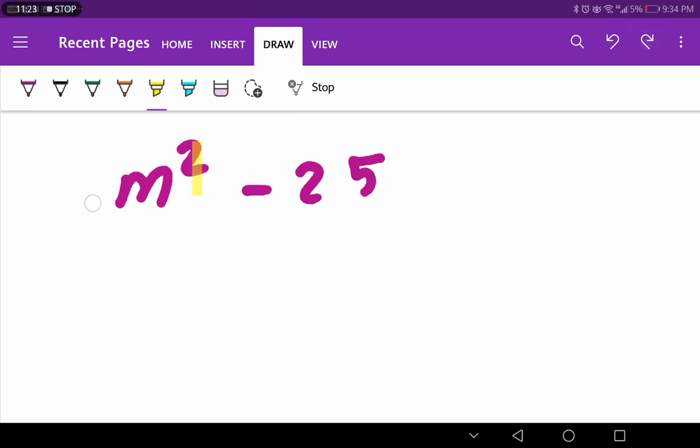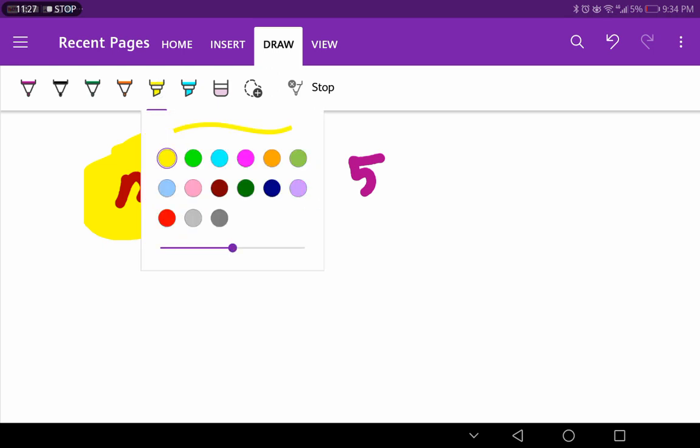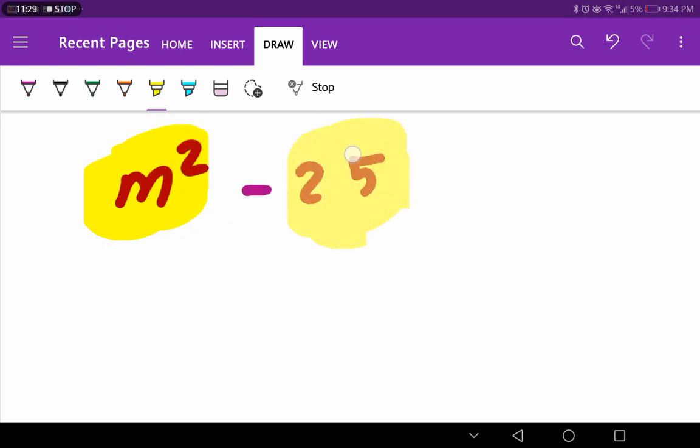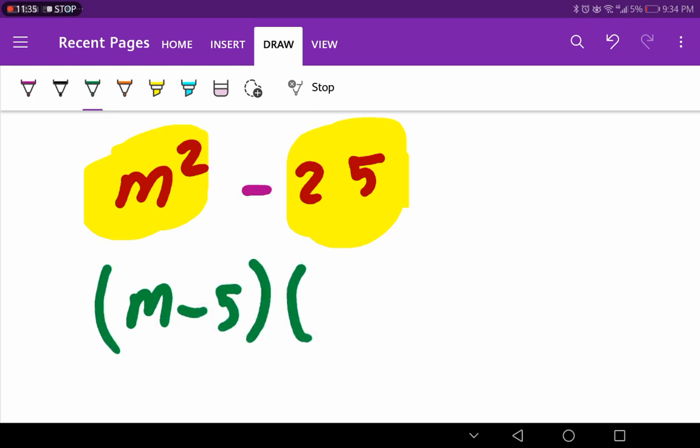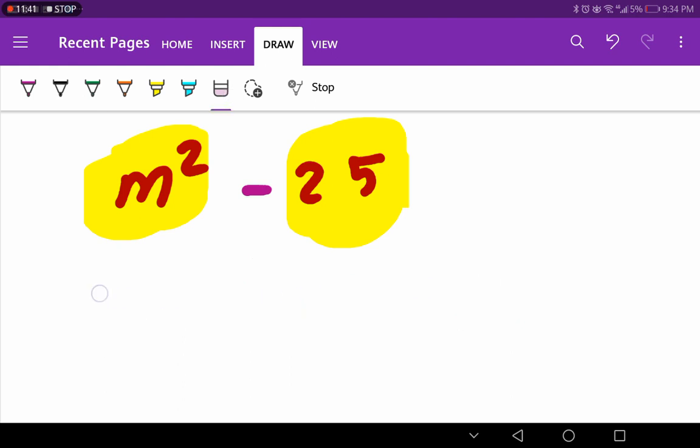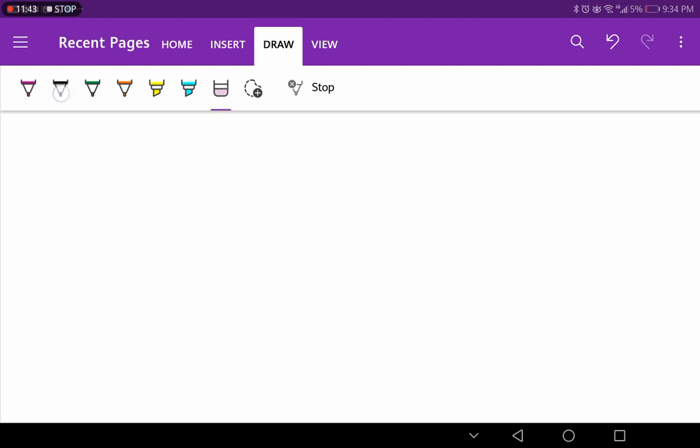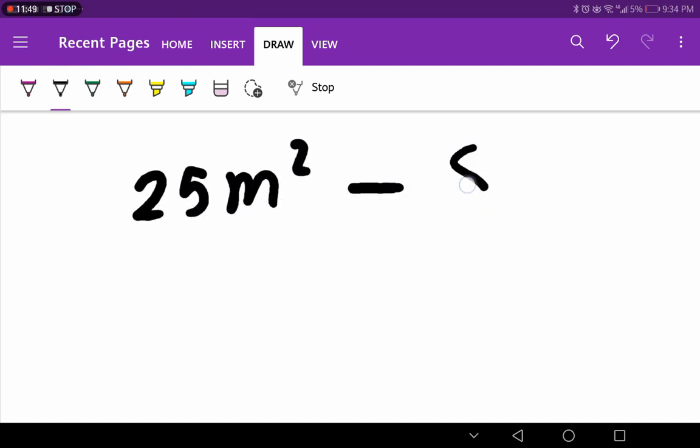So if this is square and this is square, what do I have to do? Yes, m minus 5 and m plus 5. Are you happy with that? Okay. If he wants to make it hard for you, for example, he will put like this: 25m square minus 81.